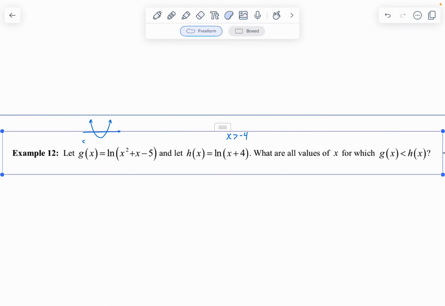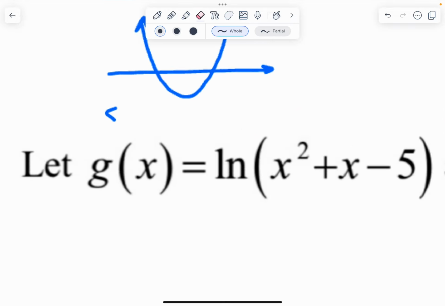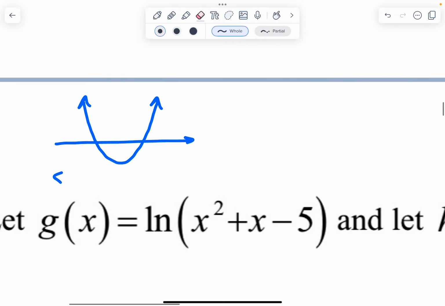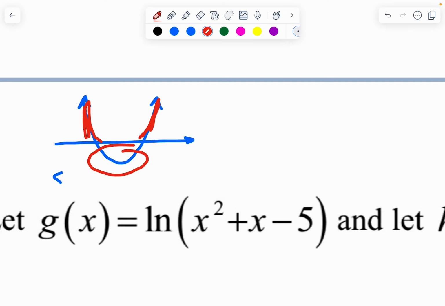Because it's opening up, this piece would work and this piece would work, but the stuff in the middle would not, because that would be negative, and you can't take the natural log of a negative.